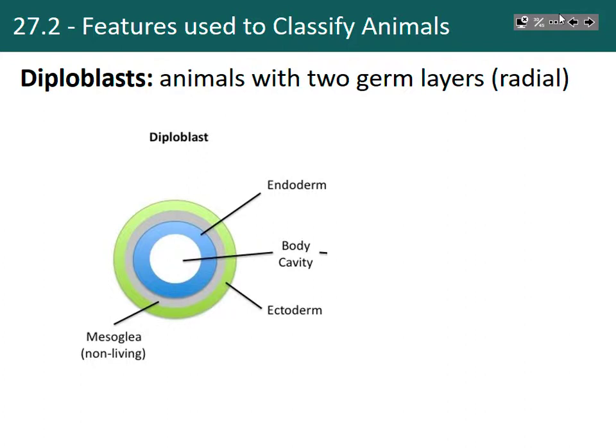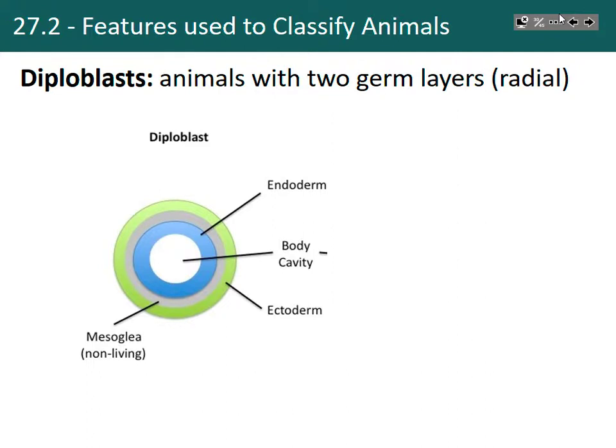And these tend to be radially symmetrical organisms. And what you're going to see when we start to look at those radially symmetrical organisms in more detail is we've got our gut cavity here, in the center. Our endoderm is now in blue. Our ectoderm is in yellow. And then there's this non-living fluid-filled space known as the mesoglea.